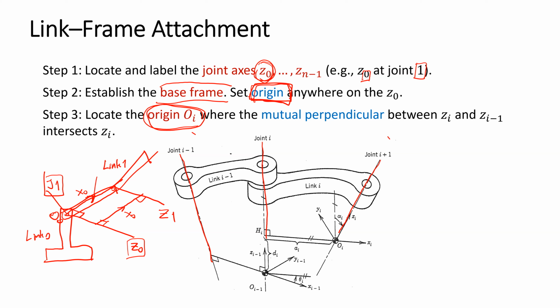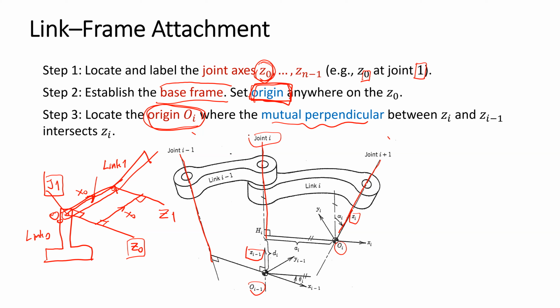The origin of any frame will be on the mutual perpendicular between the axes Ci and Ci minus 1.